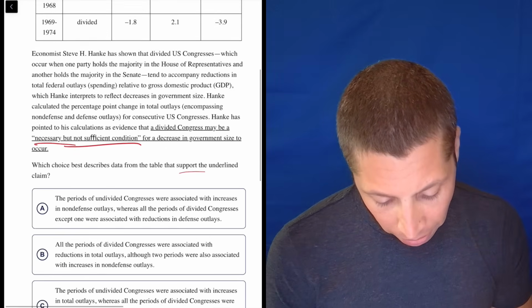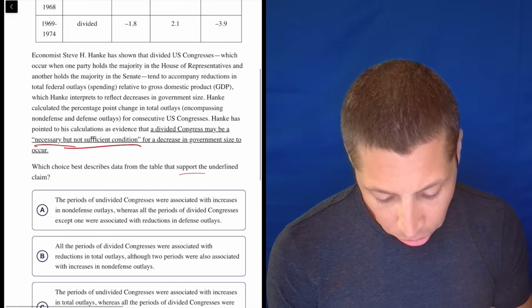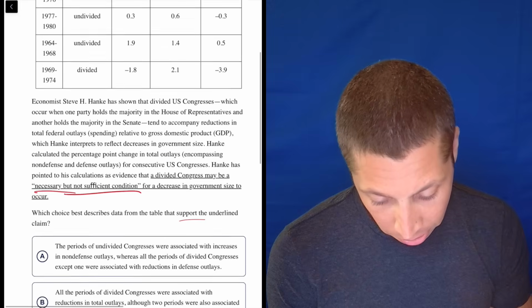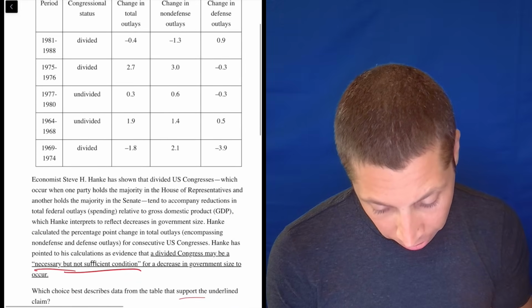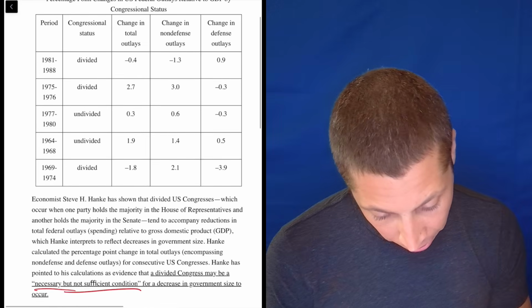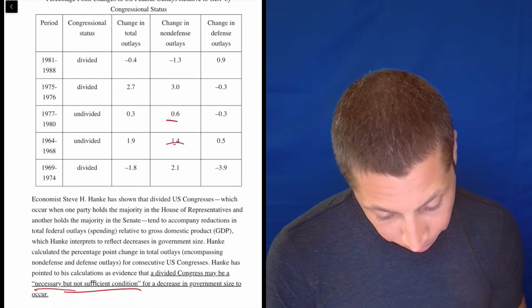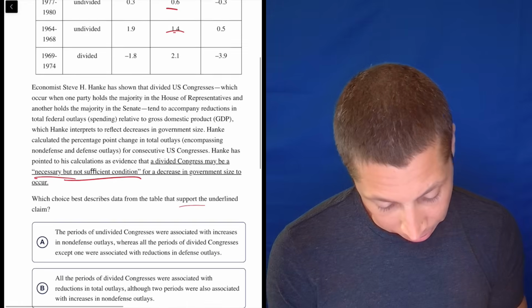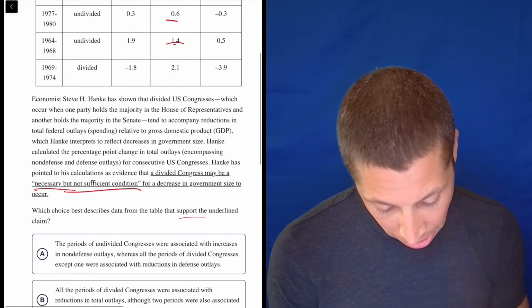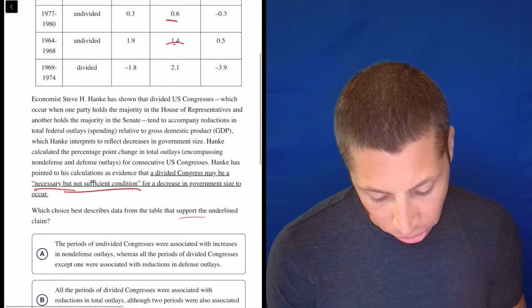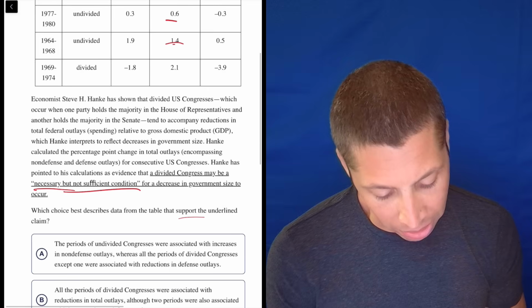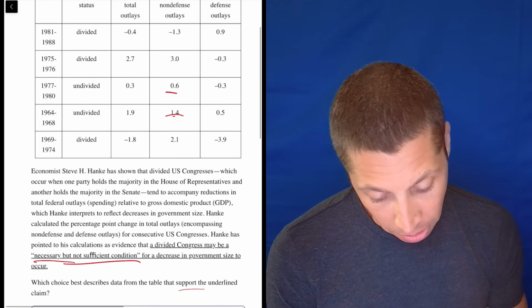A, the periods of undivided Congresses were associated with increases in non-defense outlays. So undivided is an increase in non-defense. Undivided, yeah. Okay. Right? That's true? Yes. Whereas all the periods of divided Congresses, except one, were associated with reductions in defense outlays.